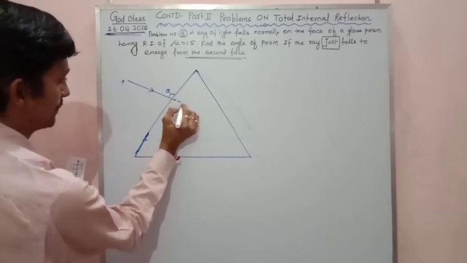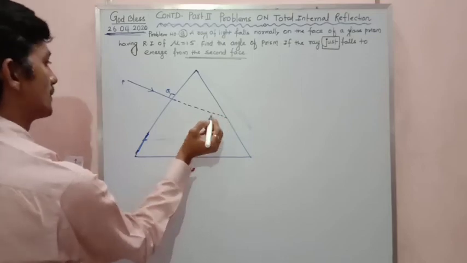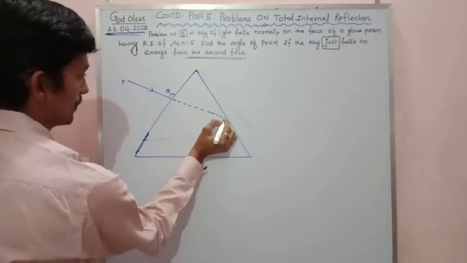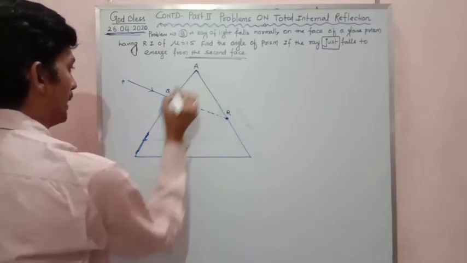You can see this is a refracted ray, and it will fall here, say along QR, and I am giving the name ABC.